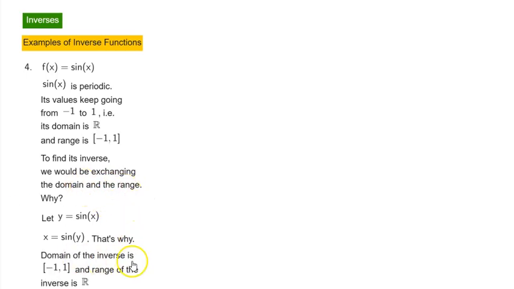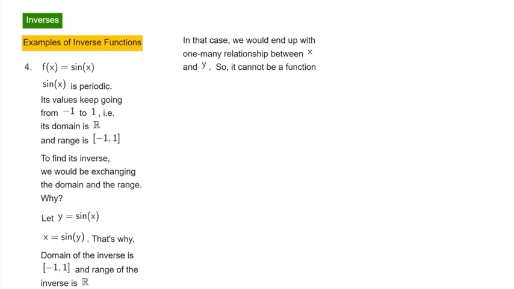Now the domain of the inverse is minus 1 to 1 and range of the inverse is the set of all real numbers. In that case, we would end up with a one-to-many relationship between x and y. So it cannot be a function.